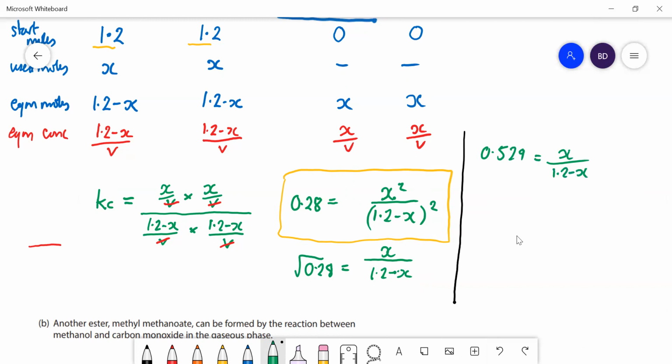So let's multiply that out. Just a matter of doing a bit of algebra. Multiply that bracket out.